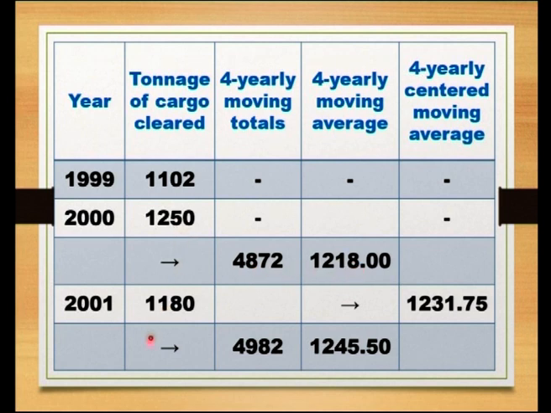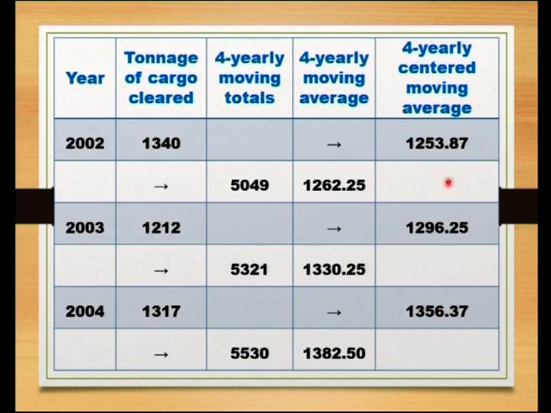Similarly, the next 4 values give 4982, and 4982 divided by 4 is 1245.5. Since there is no year corresponding to these values, it has to be centered. Therefore, the centered value is 1218 plus 1245.5 divided by 2. That value is 1231.75.